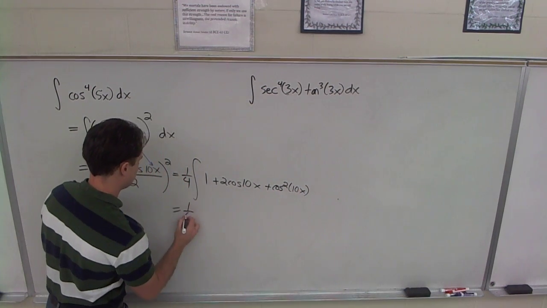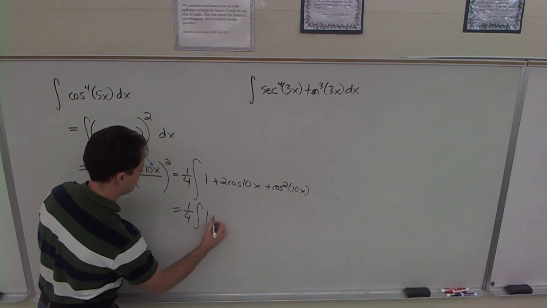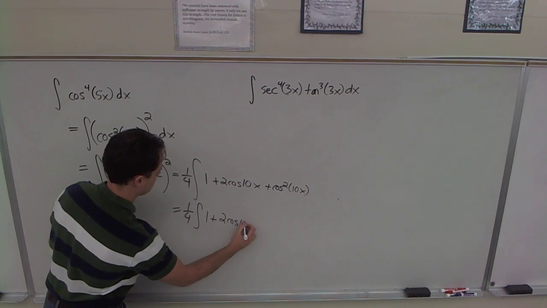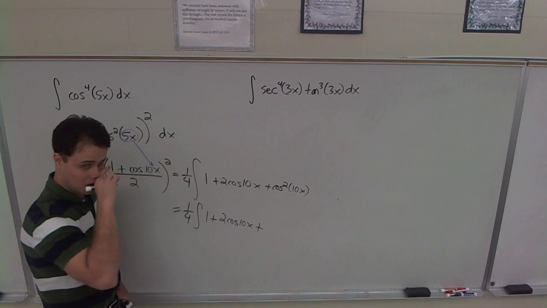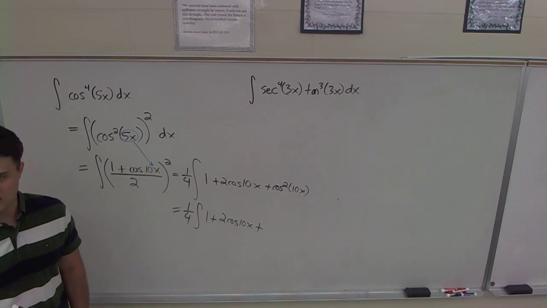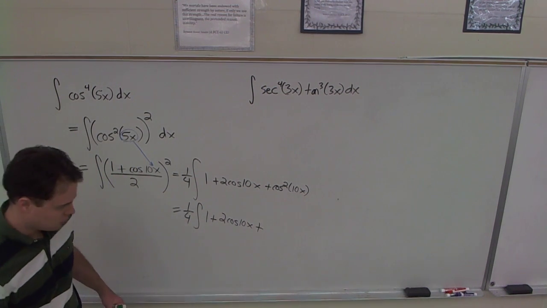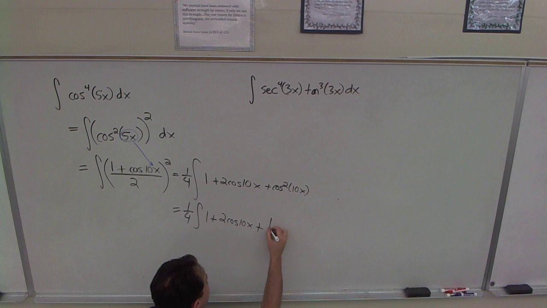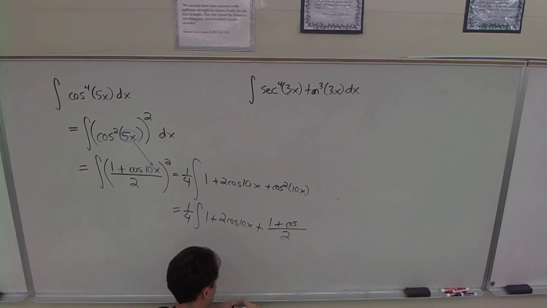You guys follow me? So then that's going to be 1/4 times 1 plus 2 cosine of 10x plus, what am I going to do with that? Same thing, exactly. Plus 1 plus the cosine of something over 2, but what is that something? 20x. It's 20x because we have to double that angle.